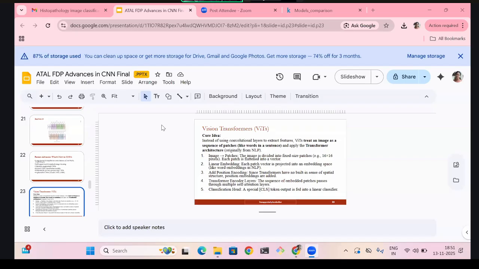In case of deep learning models, the models learn the features on their own. With respect to a classification task, we were giving the image as well as the class labels for all those images, and these two things are given as input to a deep neural network architecture.